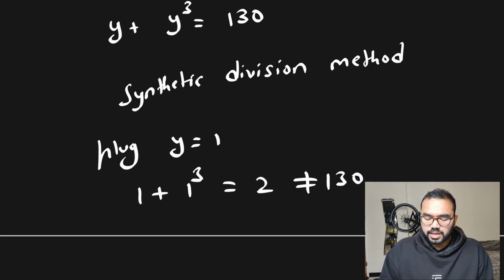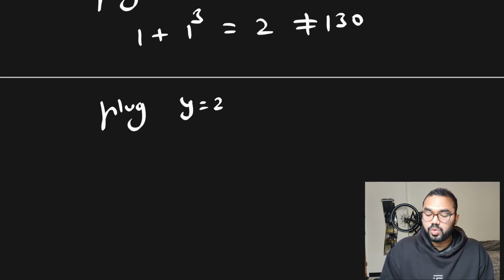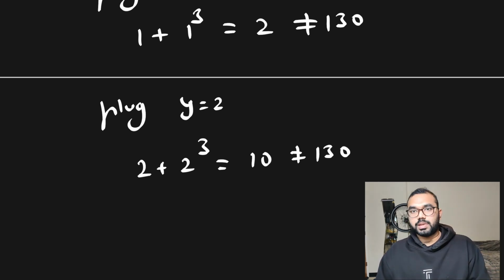Okay, let's plug in y is 2. So it is 2 plus 2 cubed, and 2 plus 8 is 10. Still not 130, but I think we're getting close, right? Maybe if we plug in some higher values, we will get close to 130. Let's see.